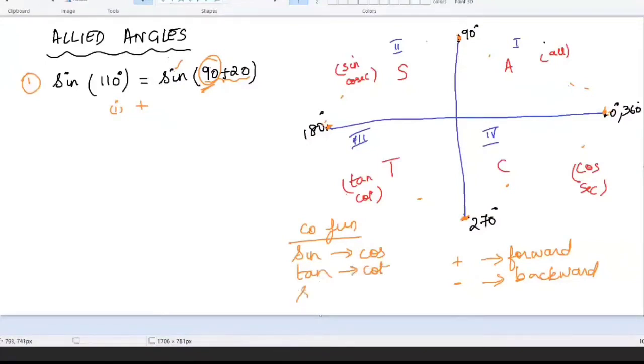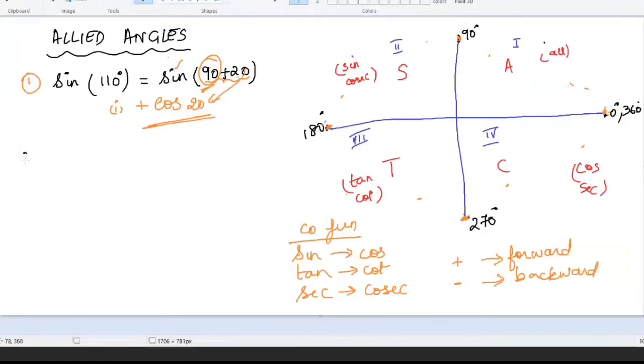The cofunction of secant is cosecant, and cosecant's is secant. How to remember this? If there is a co, remove the co. If there is no co, put the co. Here no co is there, so the cofunction of sine is cos. So you write cos and then this 20. This number 20 is your answer for allied angle. So that is the first question.